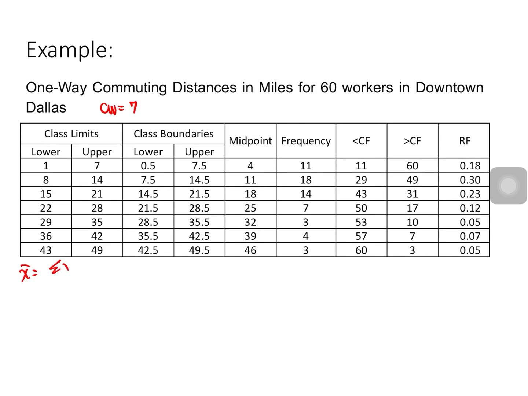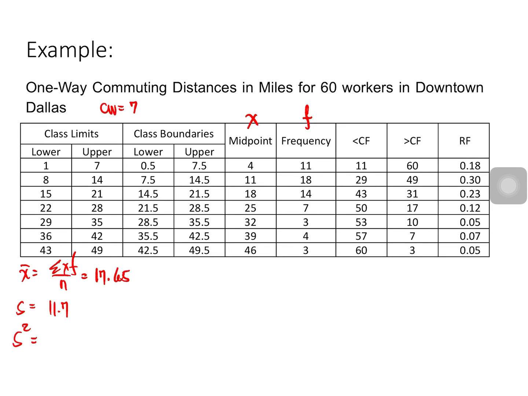That is the summation of xf over n if you want this done by longhand computation, or you can make use of your calculator technique, where this is x and this is f. For this one, I use the calculator technique. The mean is 17.65, and the standard deviation is 11.7.